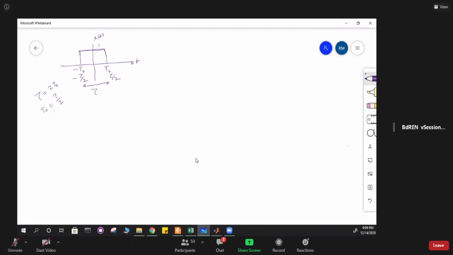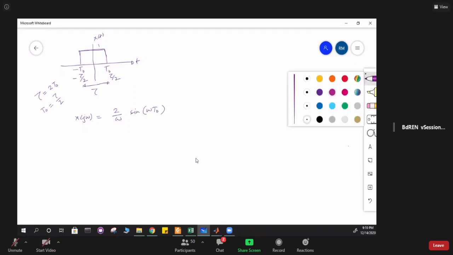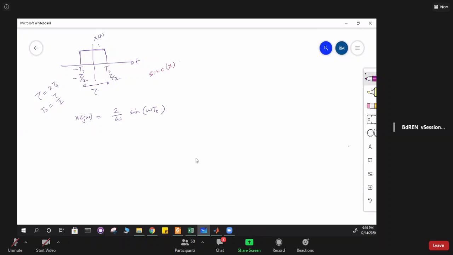Now this is our x(t), and we have X(j omega), and after doing some calculation we have found that it will be 2 by omega sine omega T0. Now if we want to express this expression in terms of the sinc function, we already know that sinc(x) is sine(pi x) by pi x.